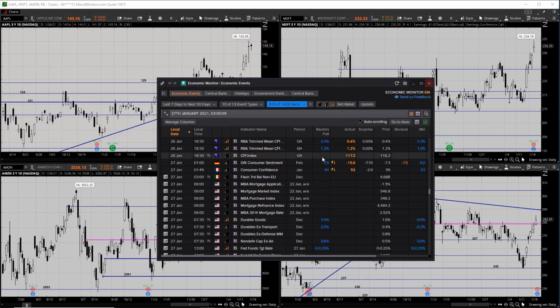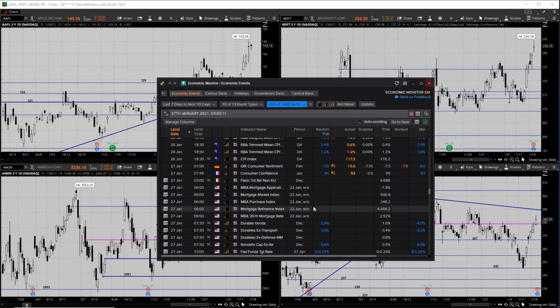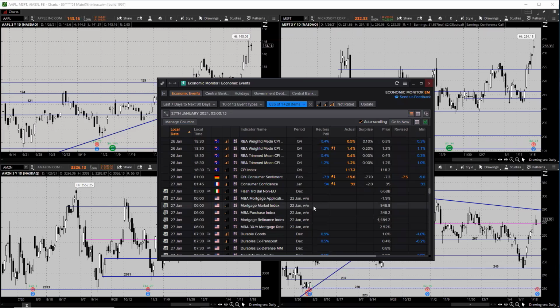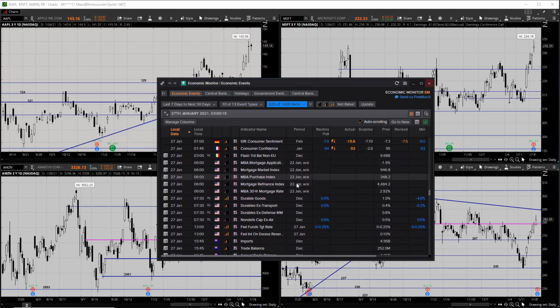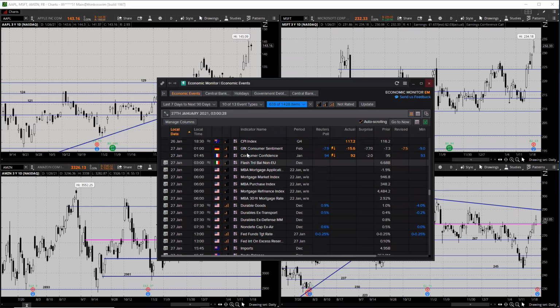Take a look at the data that's hitting right now. Today is going to be FOMC day. We did have general consumer confidence that came in even weaker than expected, looking for negative 7.9, came in at negative 15.6.